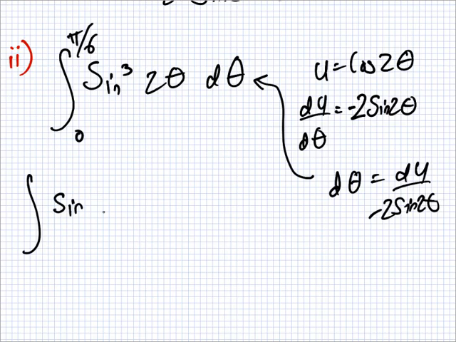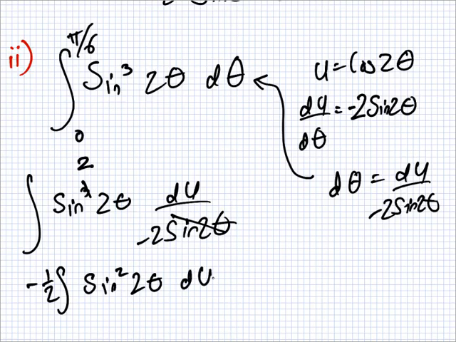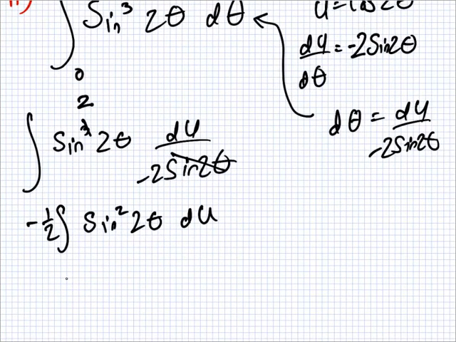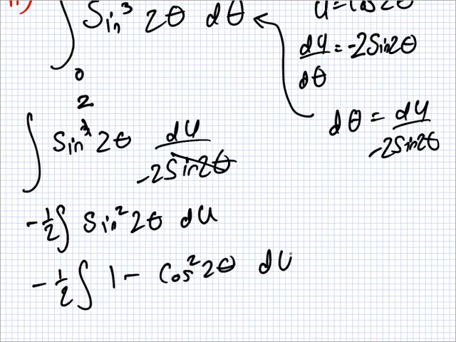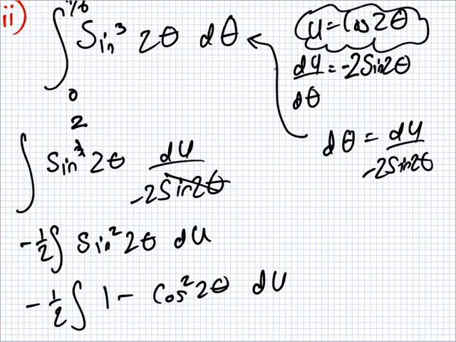Sine cubed 2 theta du over minus 2 sine 2 theta. That cancels to make a squared, so you have minus a half sine squared 2 theta du. But sine squared is 1 minus cos squared, and cos 2 theta is u.